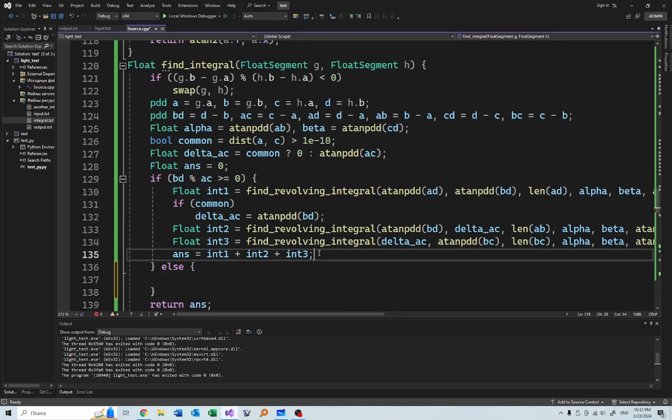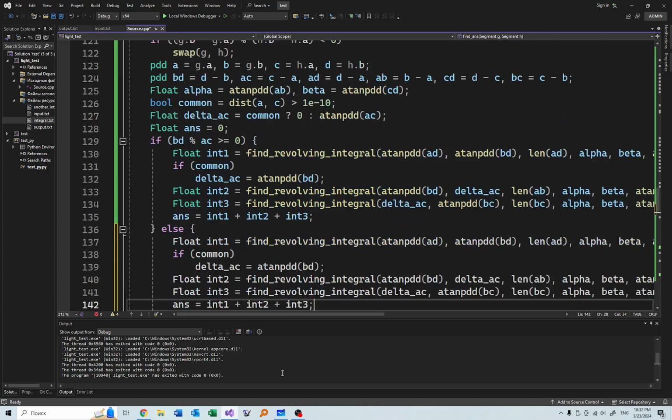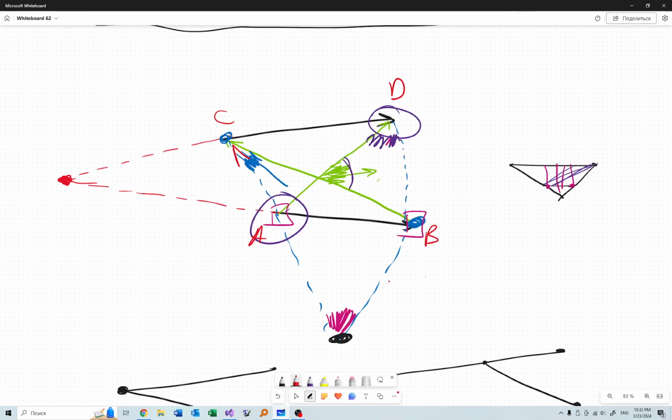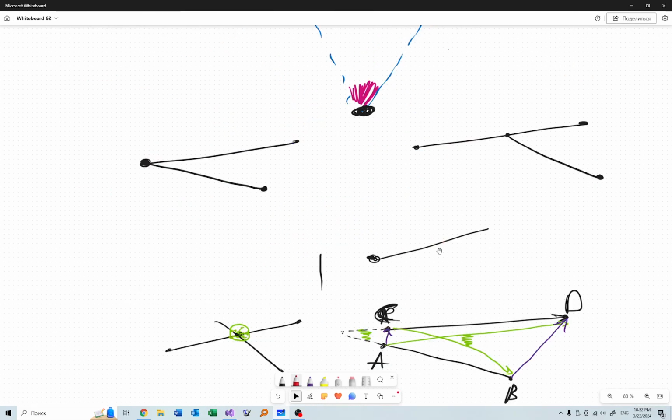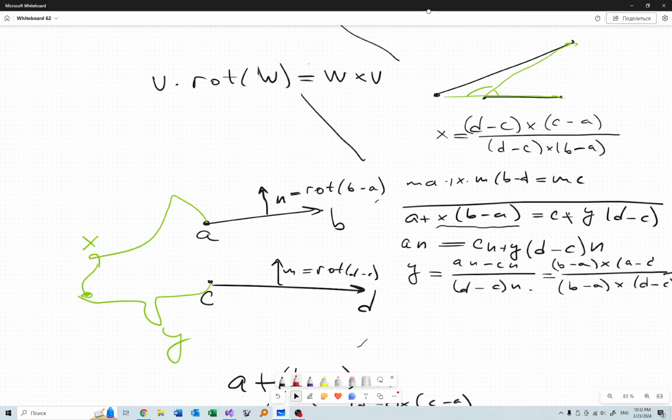Otherwise, it's actually almost the same, but we need to be ready that the intersection is somewhere in the sky. Let's draw it.